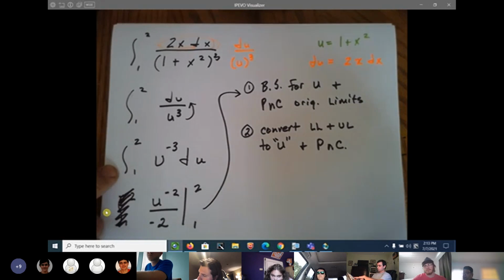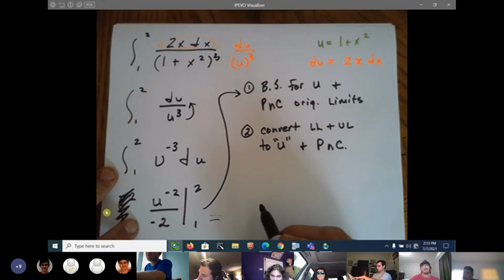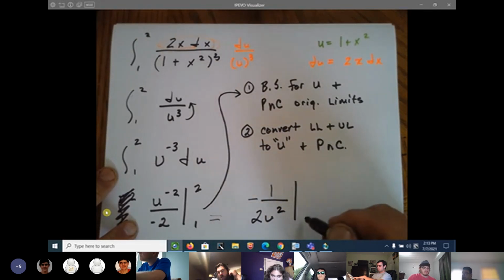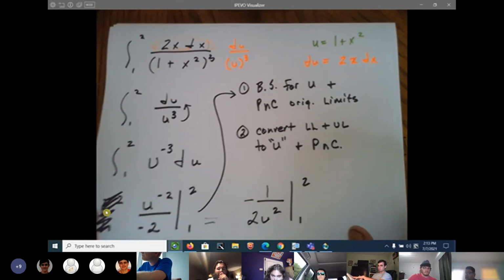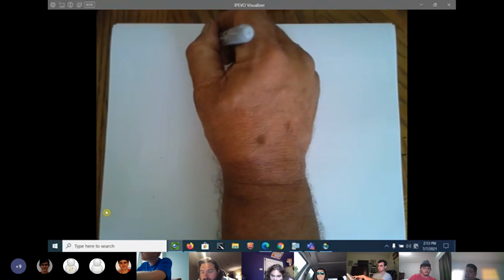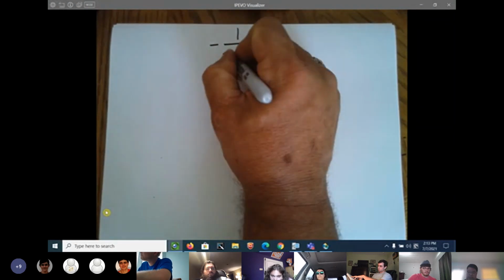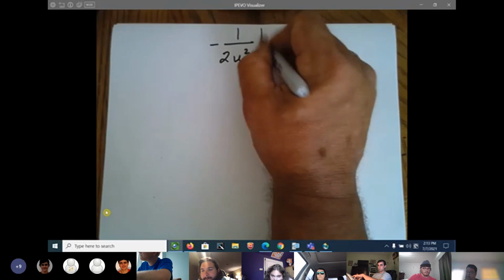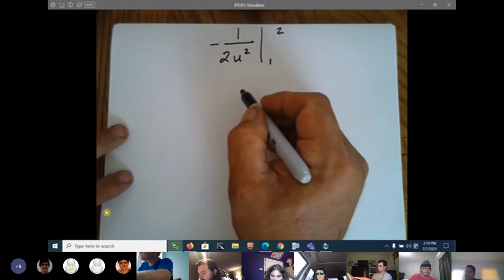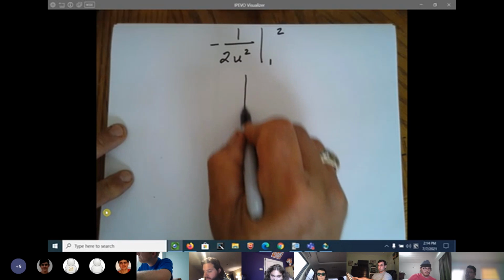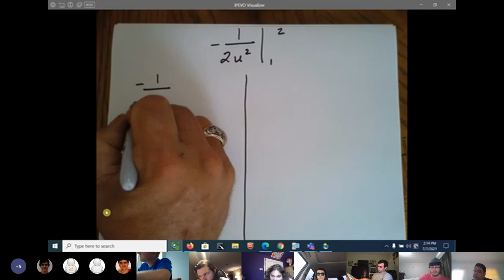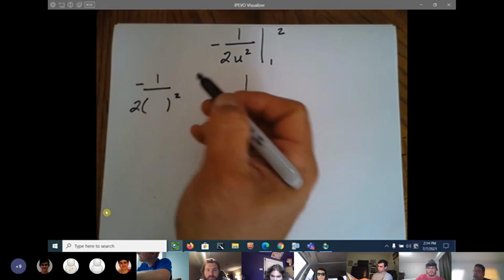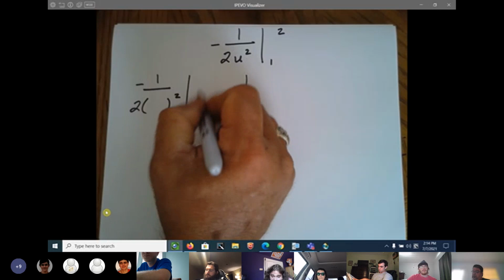I'm going to clean this up. That's going to be what? Negative 1 over 2u to the second, evaluated at 1 and 2. So I'm going to put that on top of the page over here. Negative 1 over 2u to the second, evaluated at 1 and 2. And I'm just going to draw a line over here. Over here, I'm going to put negative 1 over 2 parentheses squared, evaluated at 1 and 2.